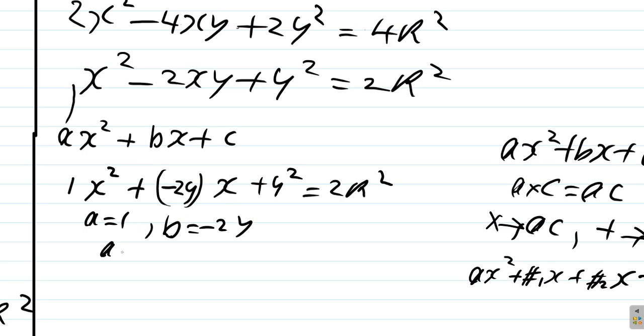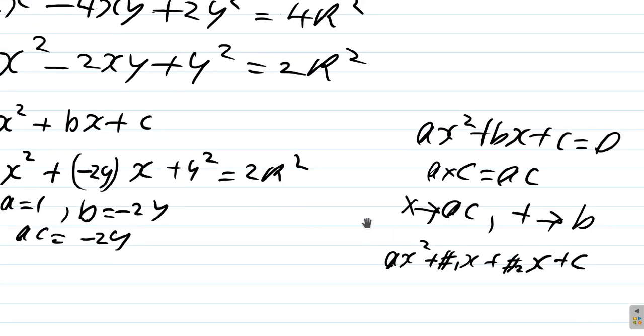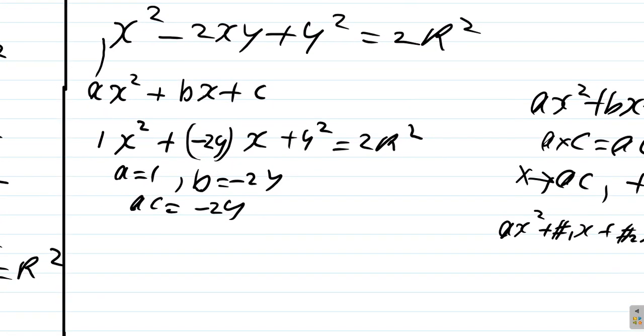If you multiply to get AC, AC would be 1 times negative 2y, is negative 2y. Oh, wait, AC is not negative 2y.